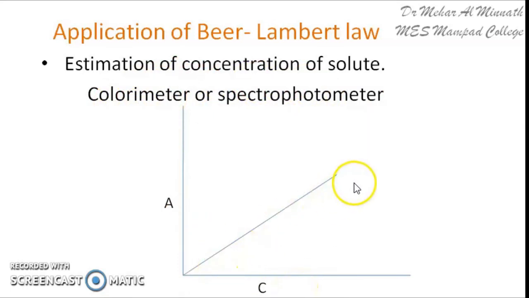You get a straight line passing through the origin. Now take the absorbance of the unknown solution and mark it on the y-axis and extrapolate that point to the graph and then towards the concentration axis. This particular point will be the concentration of the unknown solution. So this is one of the applications of Beer-Lambert law. You will be doing it in the lab later on during the experiment.